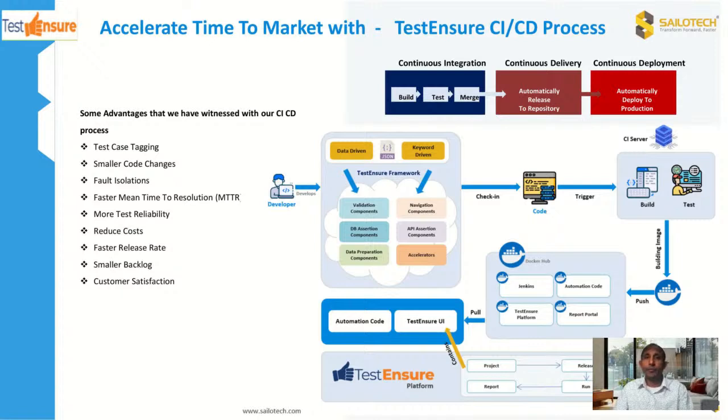And by doing so, the testers, or whoever in the IT, the Scrum Agile team working on this project, can spend their time doing exploratory testing, and also planning for continuous improvement.